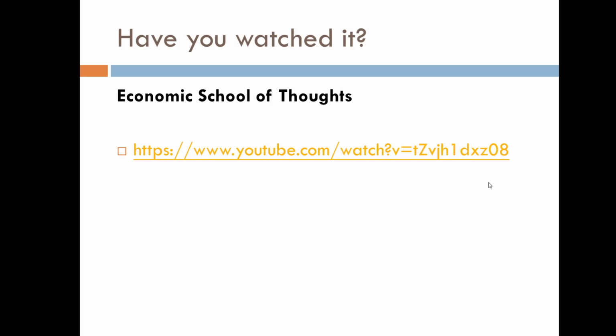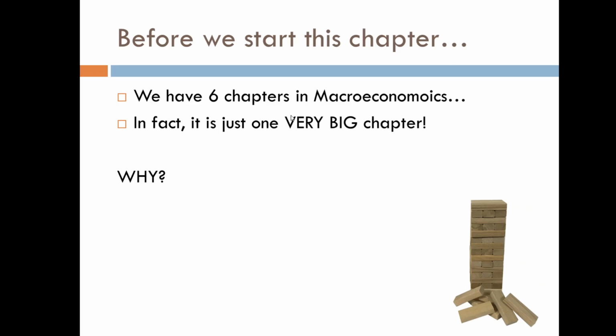Before we start, once again, just trying to remind you that we have 6 chapters in macroeconomics. When you think about macroeconomics, do not think about the chapters individually. Macroeconomics is just a very, very big chapter.